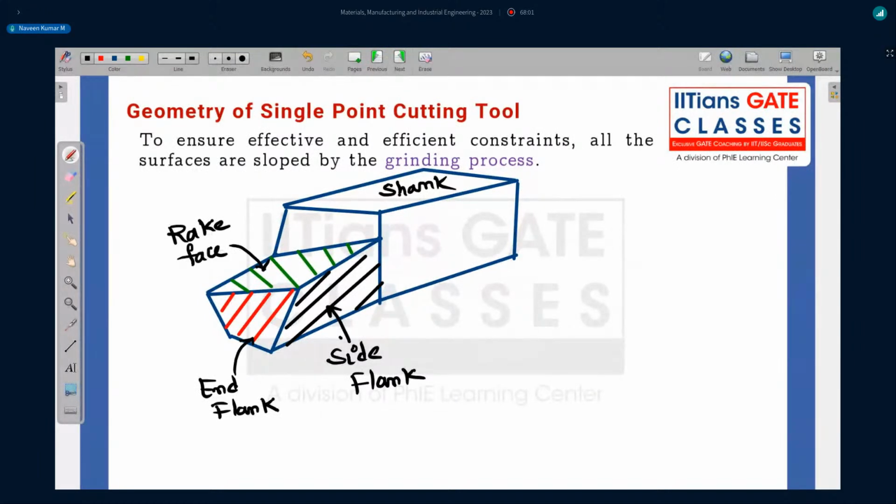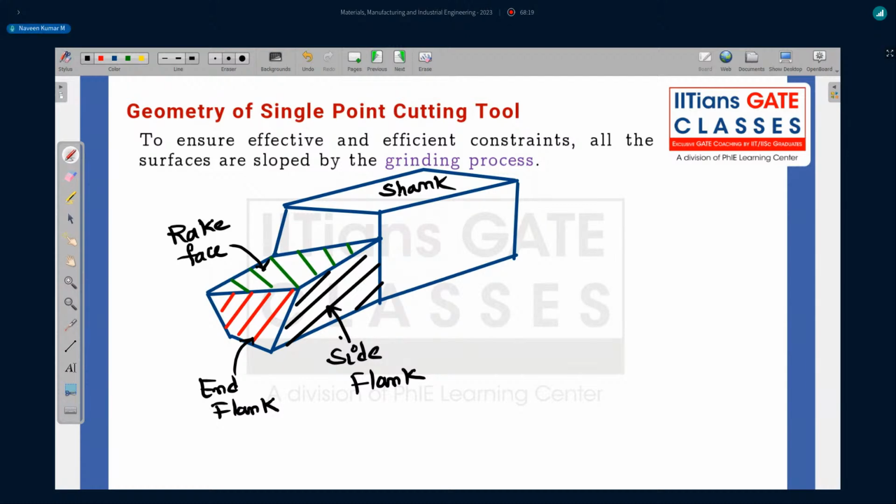Good. Okay. So when you have all these things, side flank 2 angles, end flank 2 angles, rake face 2 angles, each one has different specific purposes, right?